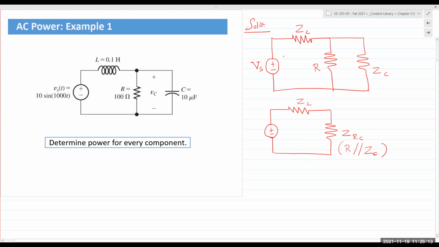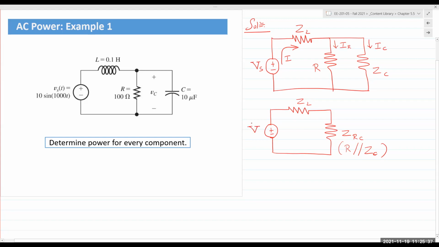This is ZL. Total current I being supplied by the source is also the inductor current IL. IL is divided between the resistor and the capacitor. So IR and IC.